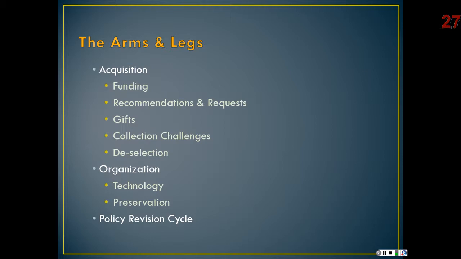And then preservation. Will materials be mended, or will you attempt to replace those materials? And then finally the policy revision cycles. There should be a timeline for revising the policy on a regular basis.